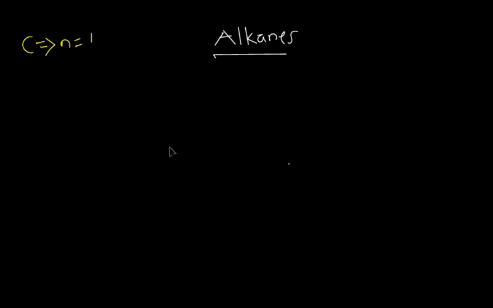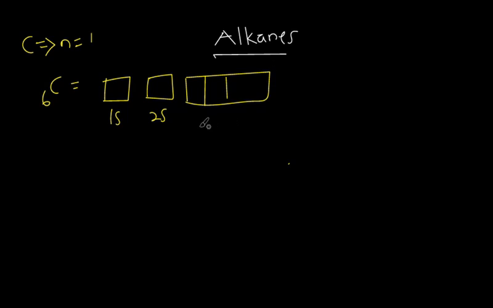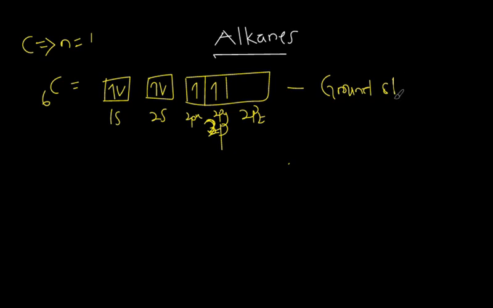If we consider carbon has the atomic number 6, then when we are drawing the ground state electronic configuration, we have 1s, then 2s, then 2p, so this will be 2px, 2py, and 2pz. Carbon is 6, so we have 1, 2, 3, 4, 5, and 6. This is for our ground state electronic configuration.